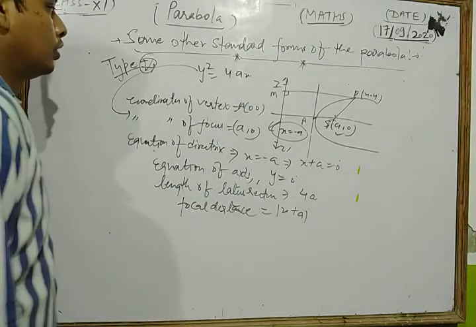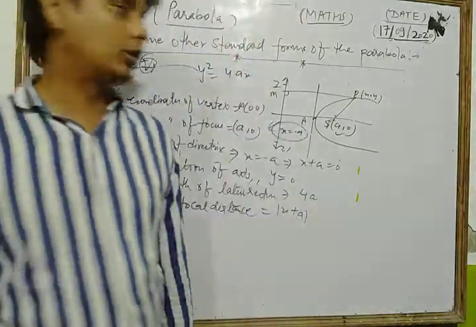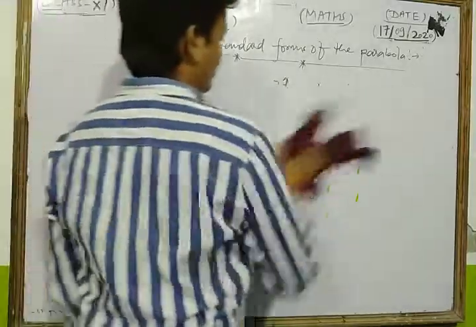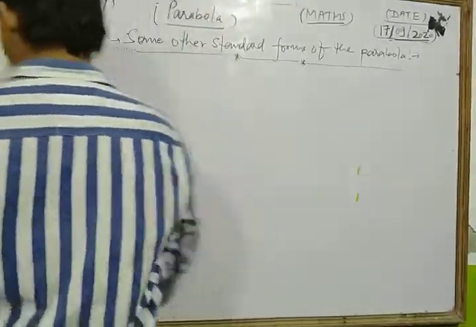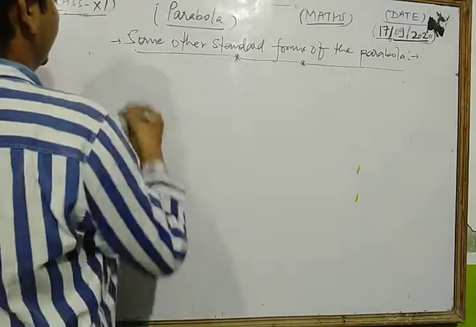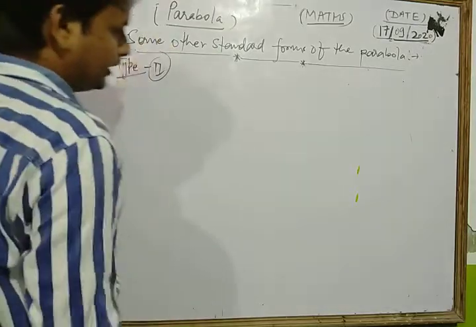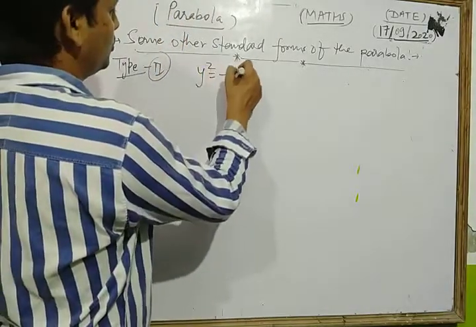Now we discuss the second type of parabola. This is the left hand parabola, and that was the right hand parabola. This is type 2 of the parabola, y square is equal to minus 4ax.